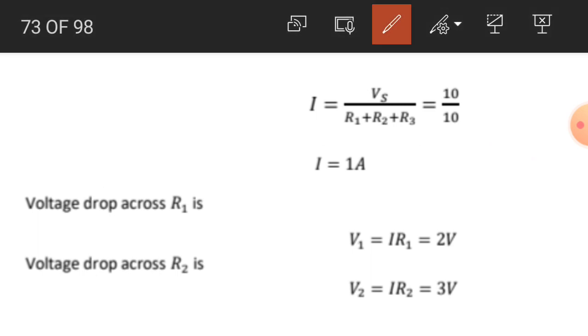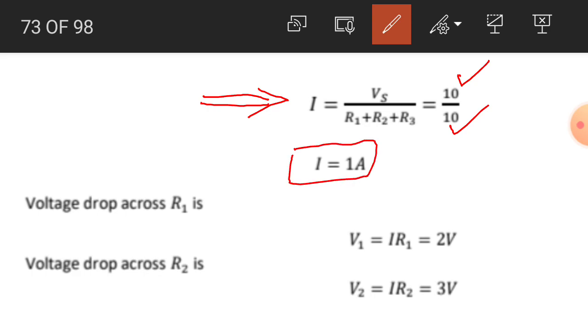So the total current in the circuit will be equal to Vs divided by R1 plus R2 plus R3. Vs is 10 volt and the total resistance of this series combination is 10 ohm. So there will be a current of 1 ampere in this series combination.